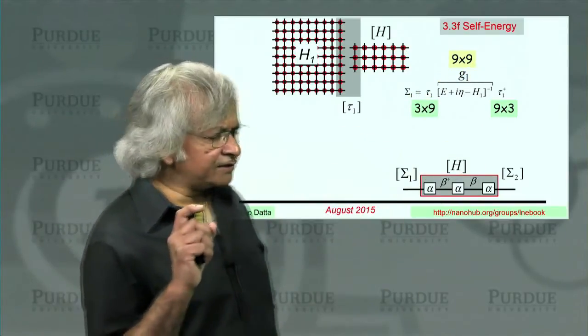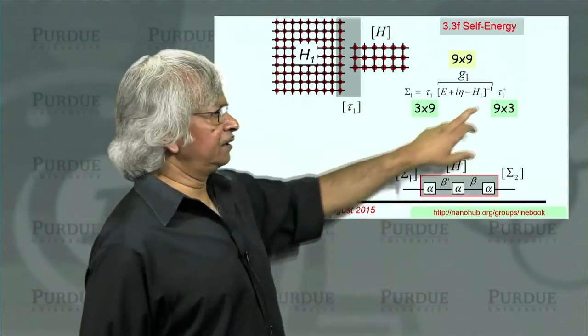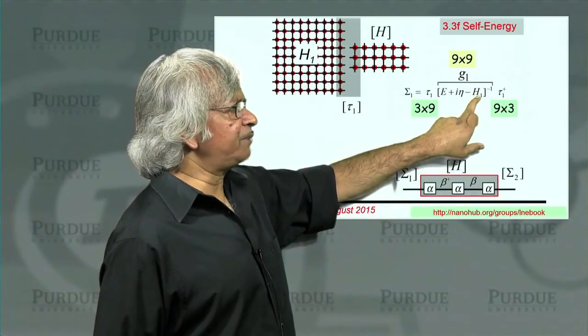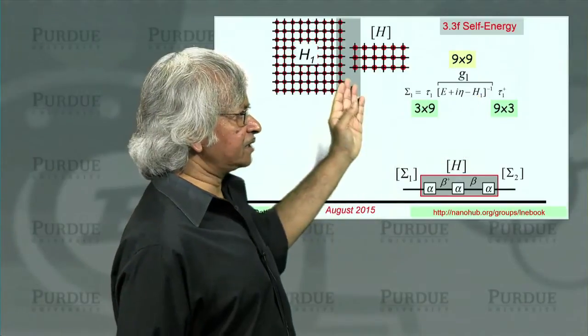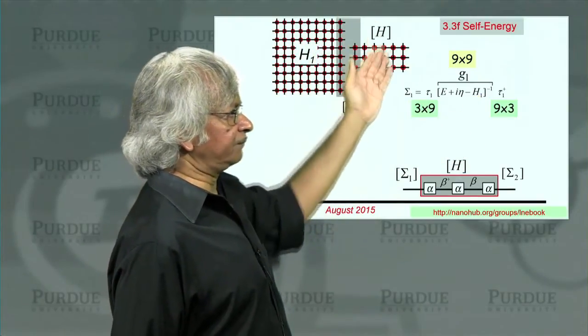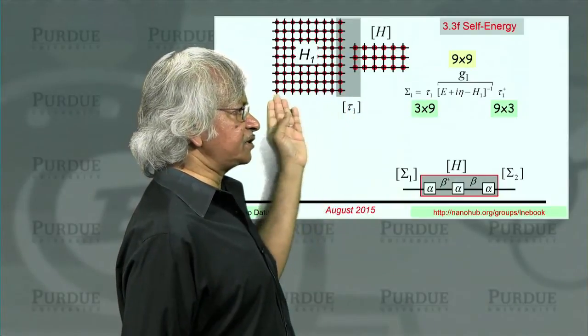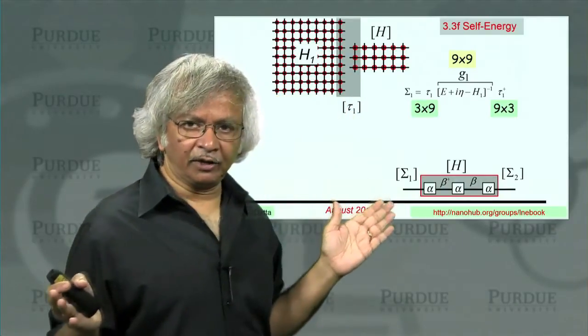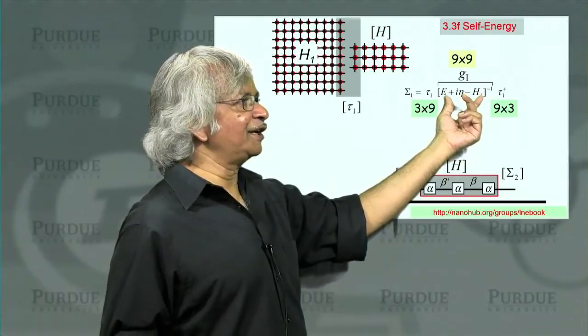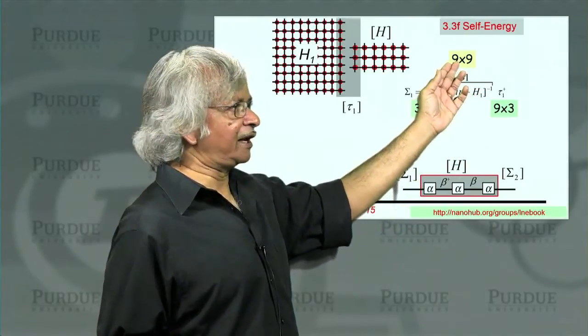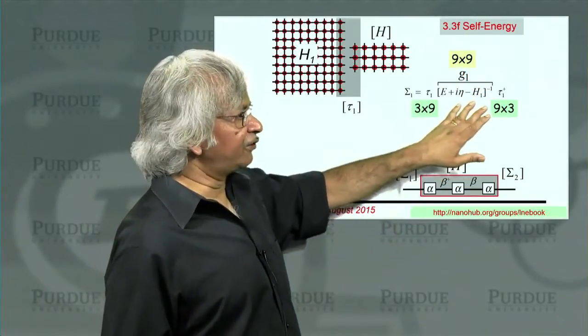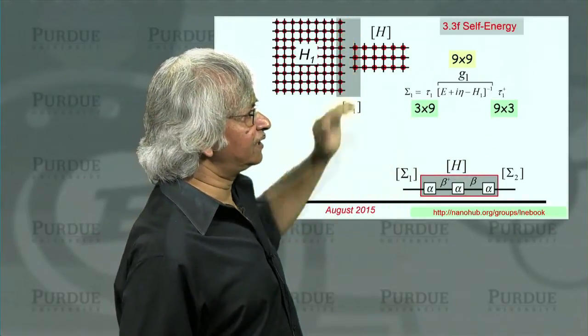Now, this is slightly tricky because you might say, well, H is a very big matrix. It's not 9 by 9 because H is the matrix for this whole thing. So the way I've drawn it, it's got 9 points this way, 9 points this way. So it's like 81 points. So you'd say, well, this is really an 81 by 81 matrix, not a 9 by 9. But the point is that for this calculation, we only need the surface.